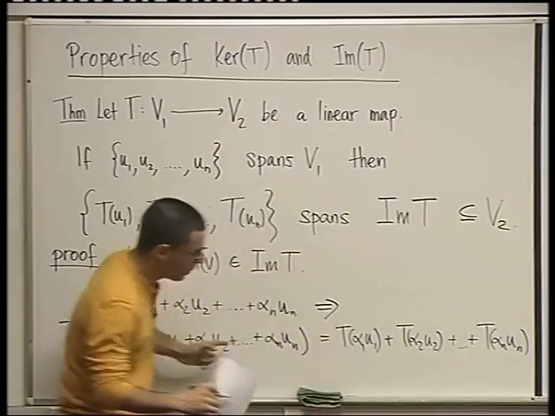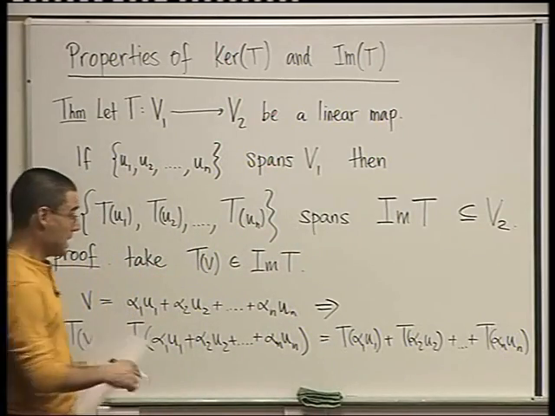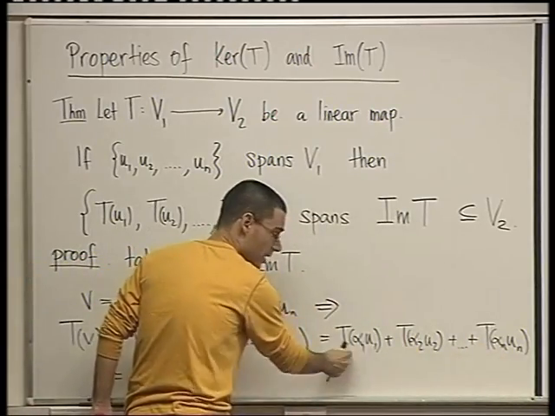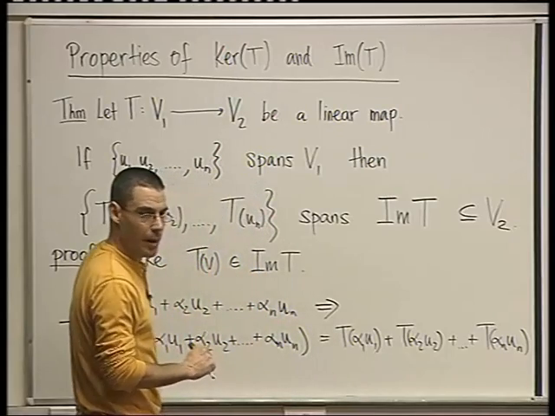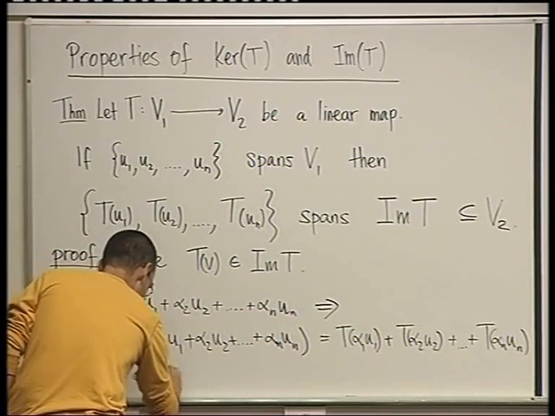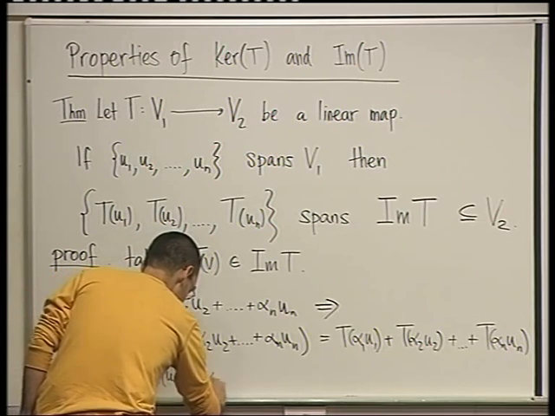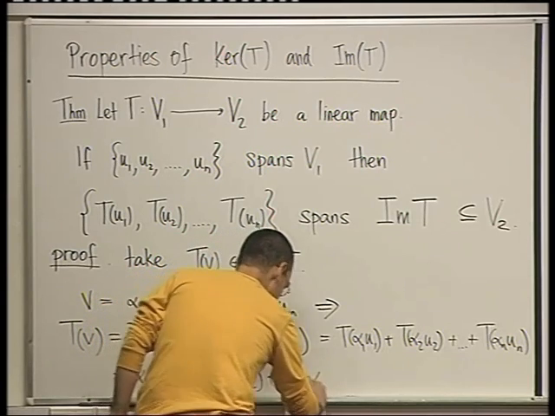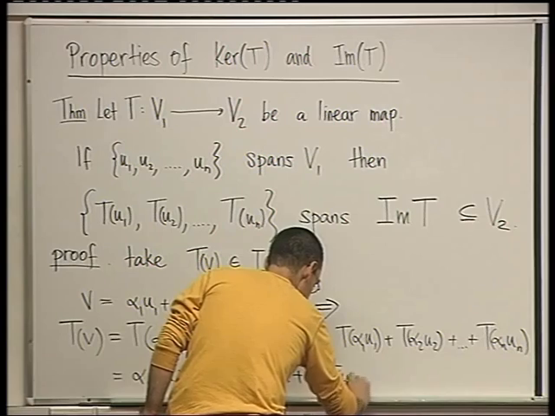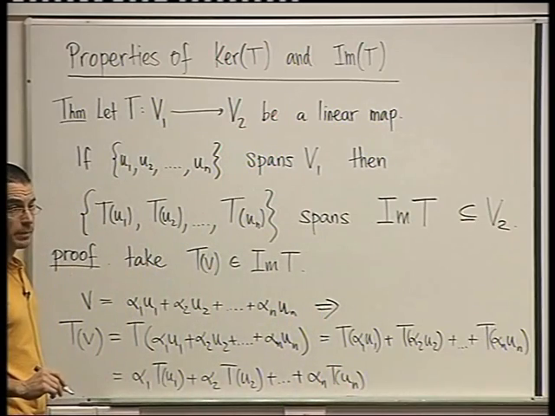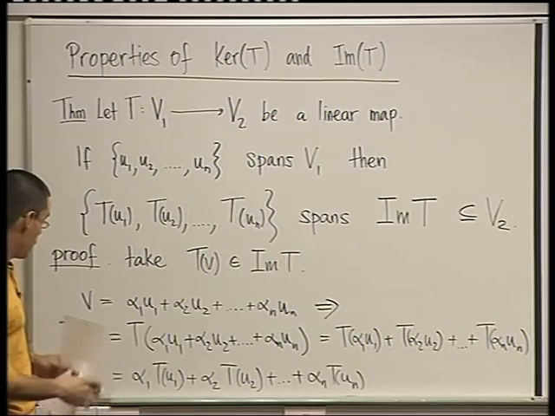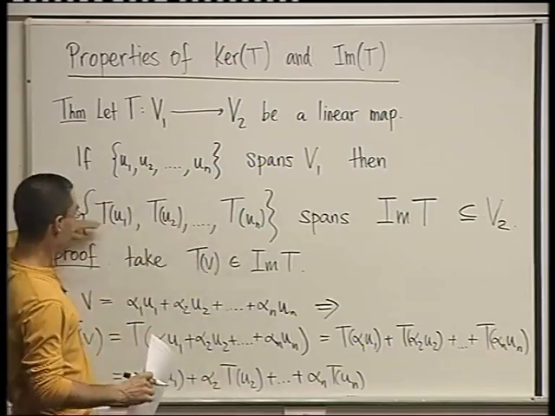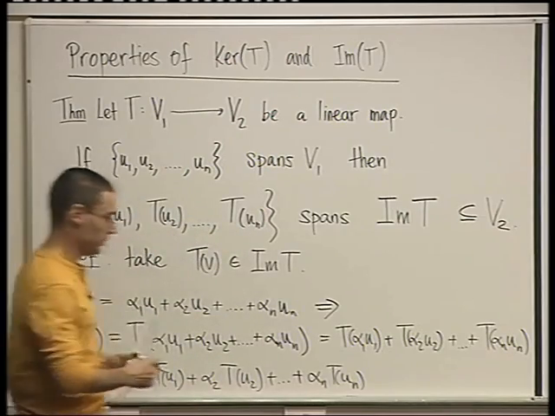This is the additive part of being linear, right? Now again by linearity, T of a scalar times a vector, the scalars can hop out. So this equals alpha 1 T of u1 plus alpha 2 T of u2 plus dot dot dot alpha n T of un. Do you agree? And that's it, I'm done. I showed that I took somebody in the image, and it's a linear combination of these guys. Done.